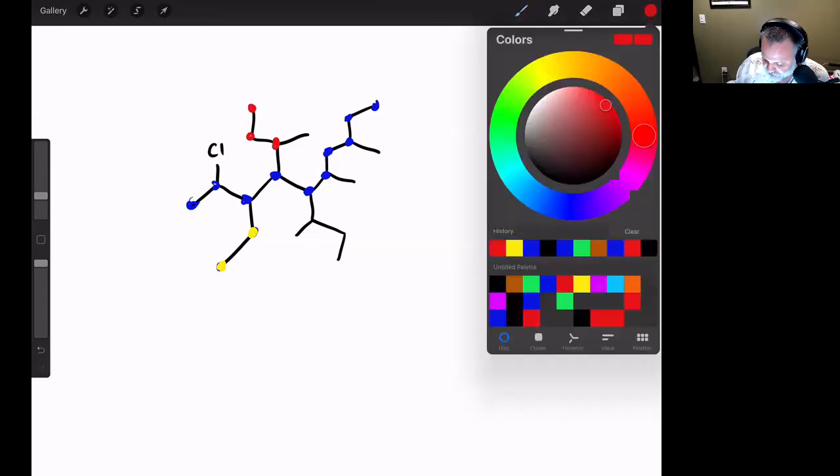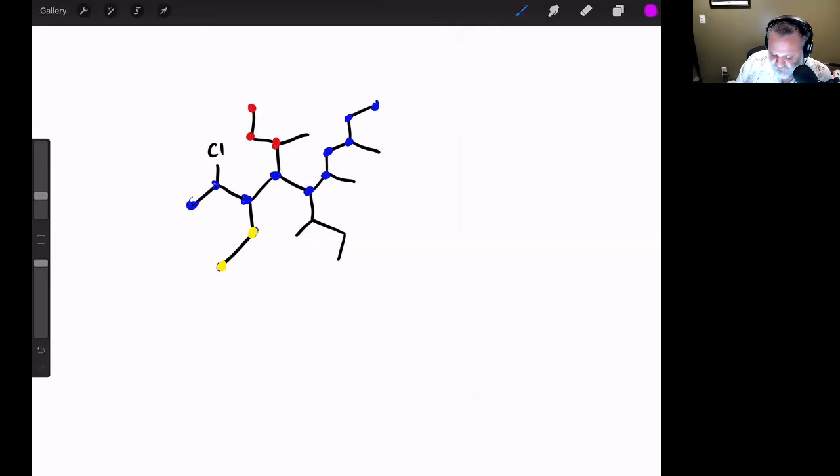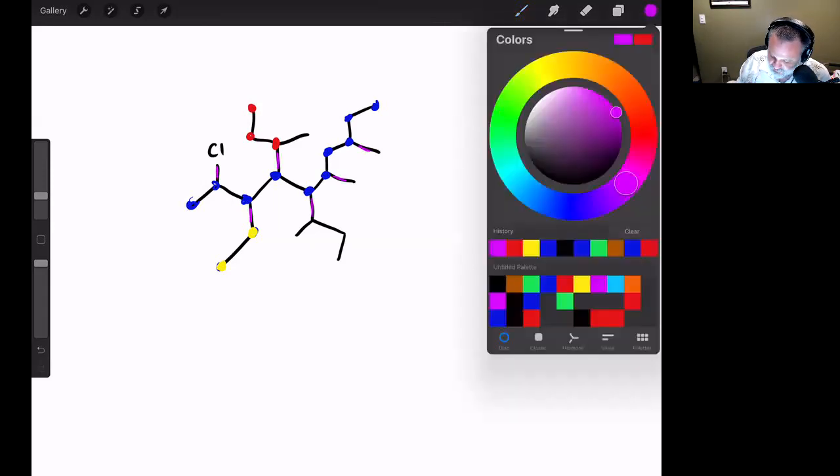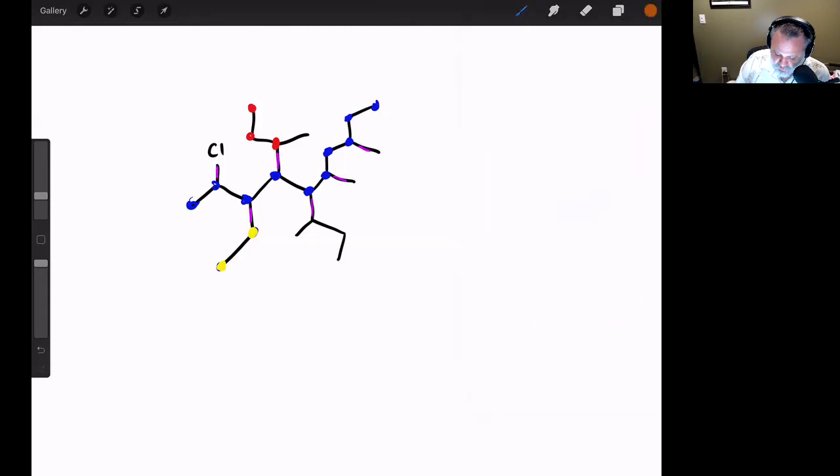Let's double check. Let's take purple and identify the number of substituents. On the straight one, 1, 2, 3, 4, 5, 6 substituents. Let's take a different color. If we use the yellow one, it would be 1, 2, 3, 4, 5 substituents.